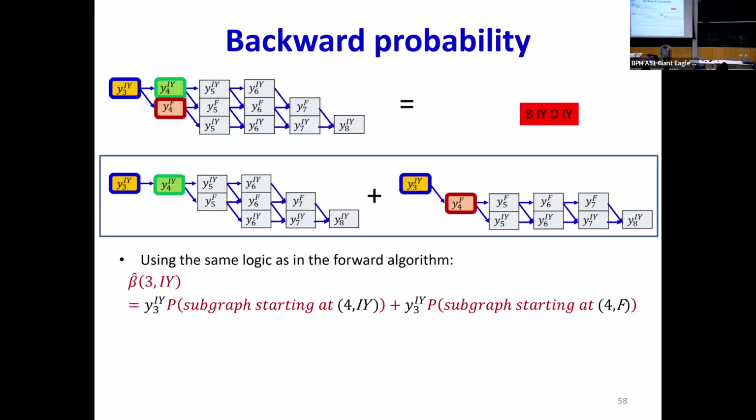of the graph. So if you consider this subgraph here, when I start from Y3, 3E, that node has only two children, the green child and the red child. So the total probability for this is going to be the probability for this subgraph.